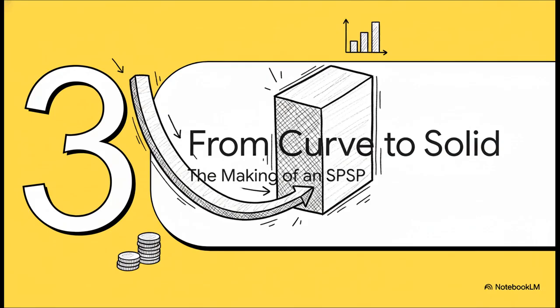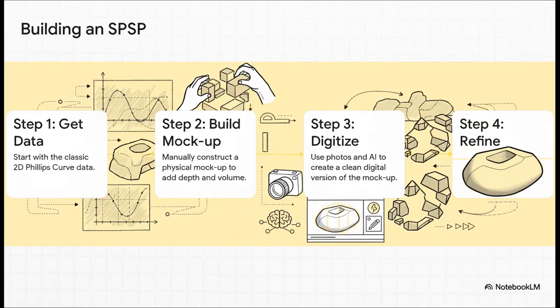Let's walk through how they build one of these, and we'll use our old friend the Phillips curve as the perfect example. The whole process is a really fascinating mix of art and science. First, you start with the original data, then you manually build a physical mock-up to give it some shape and volume. And from there, it's all about using photos and AI to create a really clean digital version, and then refining that into the final polished object.